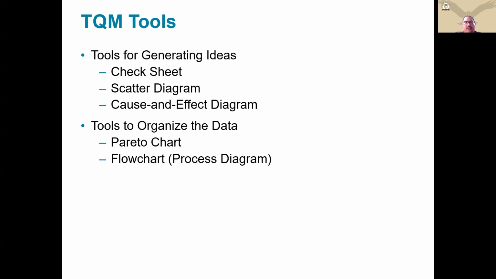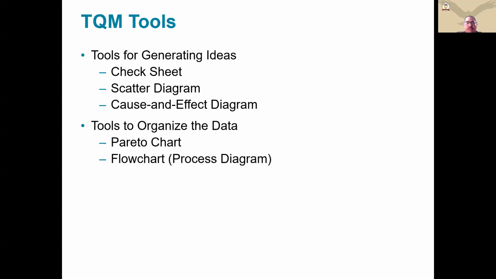And so the tools related to total quality management, there are 7 of them. We have the check sheet, scatter diagram, cause and effect diagram, Pareto chart, the flow chart, histogram, and the statistical process control chart. So there are 7 of these total quality management tools.